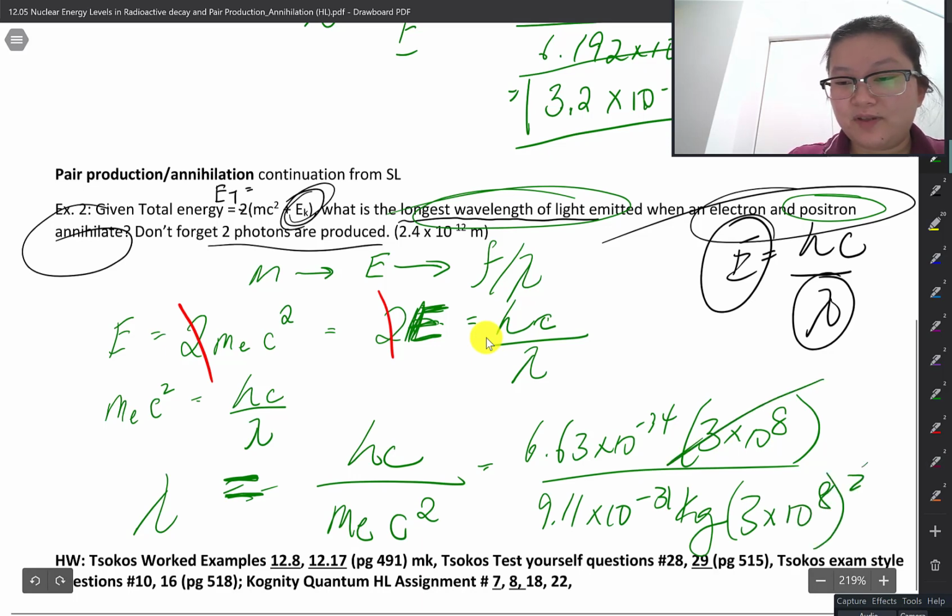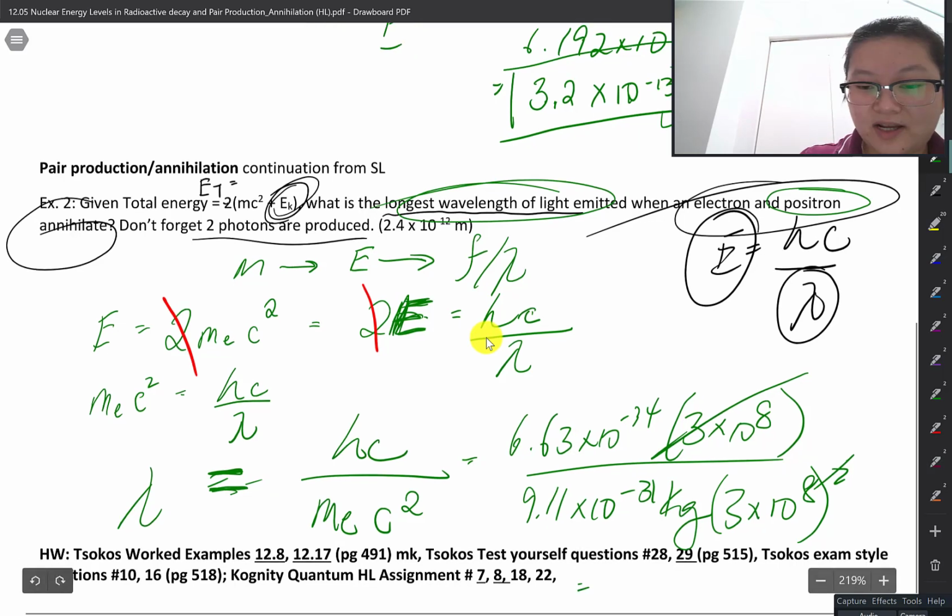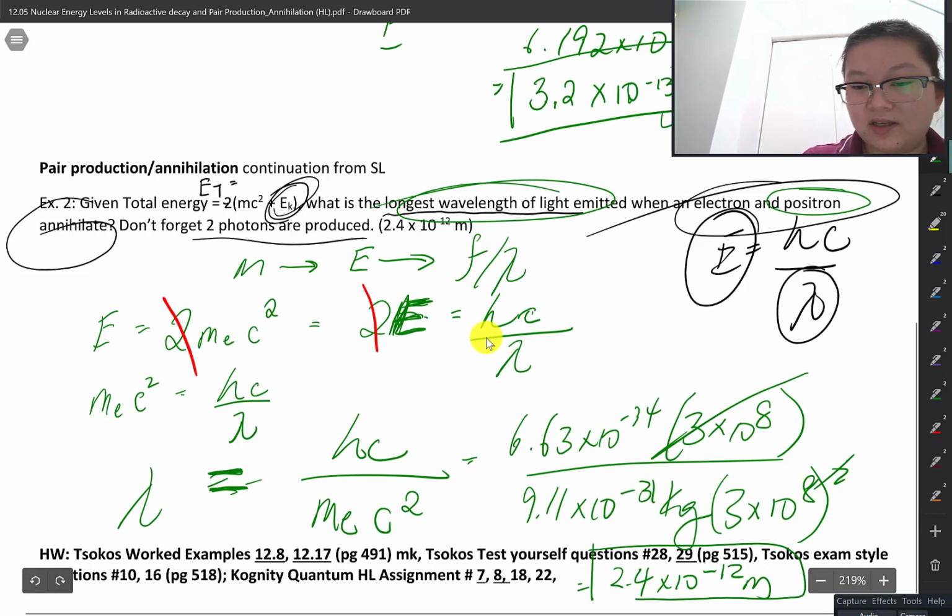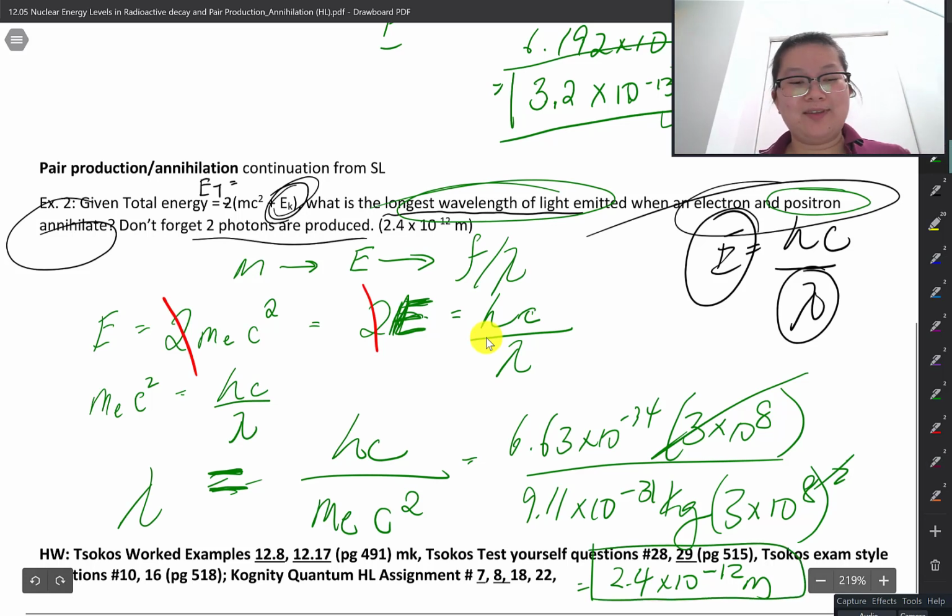Okay, so one of them does cancel out, which then gives us 2.4259, and rounding to 2 sig figs, this is going to be 2.4 times 10 to the power of negative 12 meters. Okay, so that's an example with annihilation.